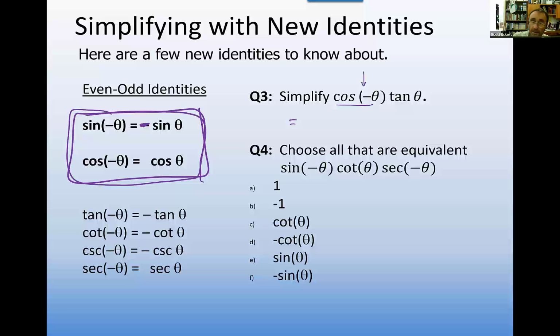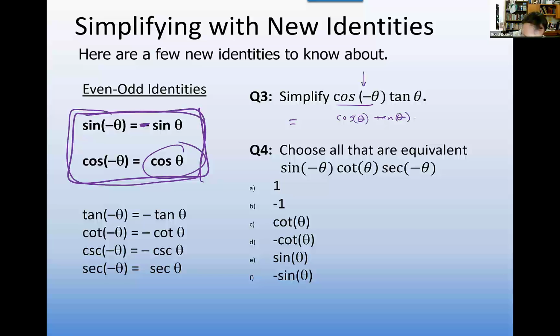Well, this is our new identity. Cosine of negative theta equals what? Cosine theta. Exactly. So that problem is now simpler because both of them have positive angles now. I went from one negative angle and one positive angle to both of them being positive angles.